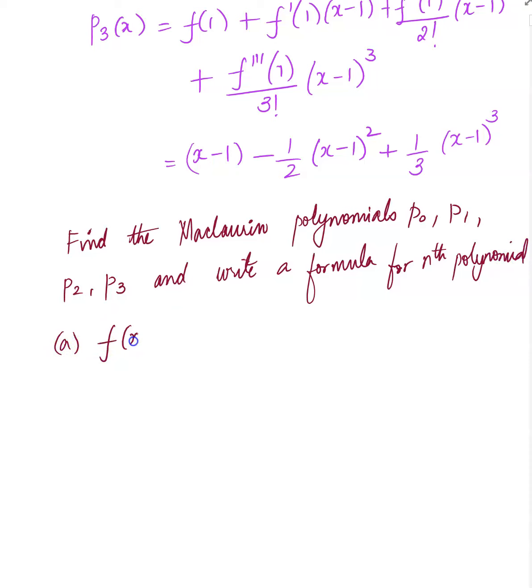What we're given here is e power x. Once again, this is not a polynomial, meaning it's not a quadratic or a linear function. So you have a polynomial that you're trying to build for e power x. e power x is an exponential function with a natural base e. And so let's test this out.